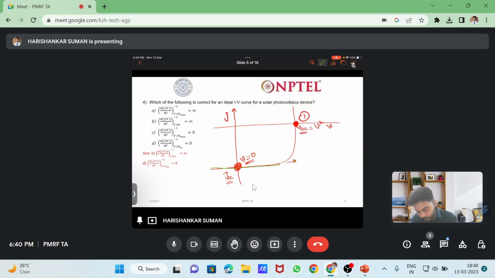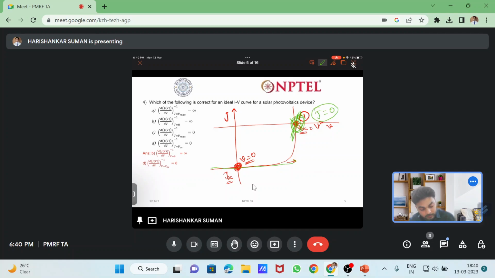We have to take the derivative here. So v equals VOC. What could be the value of JC here? 0.